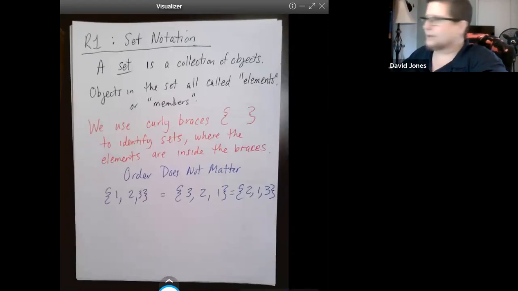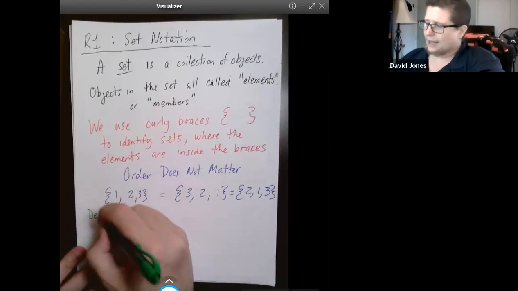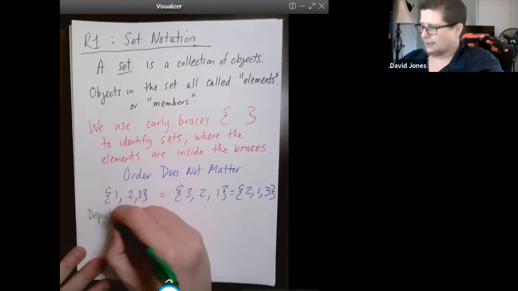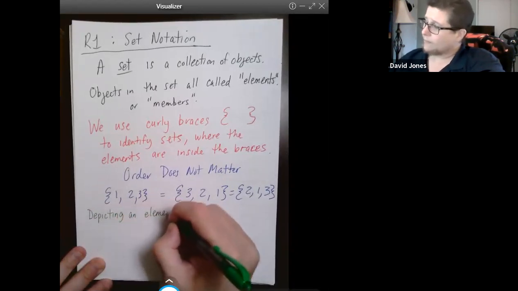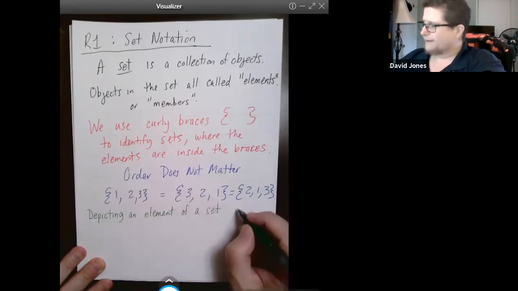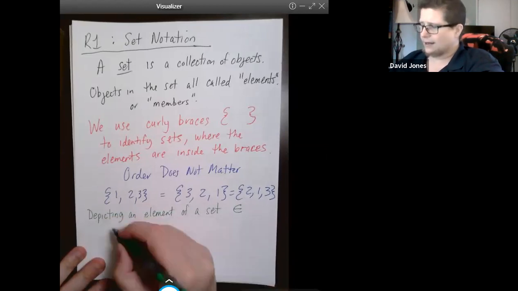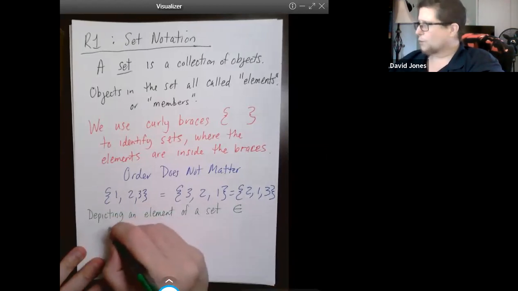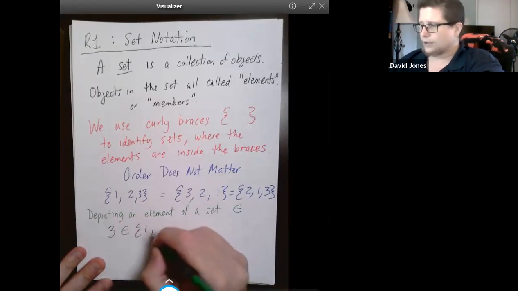If we want to show something as an element of a set, so depicting an element of a set, we use this. It's a funky looking E, capital E. It's more like a C with a horizontal line in it. And we'll say like 3 is an element of {1, 2, 3}.